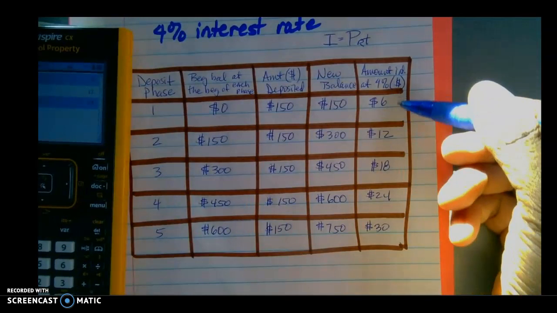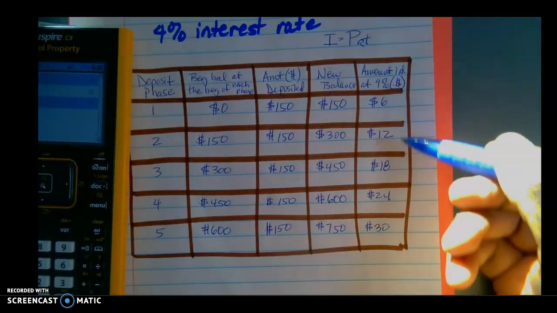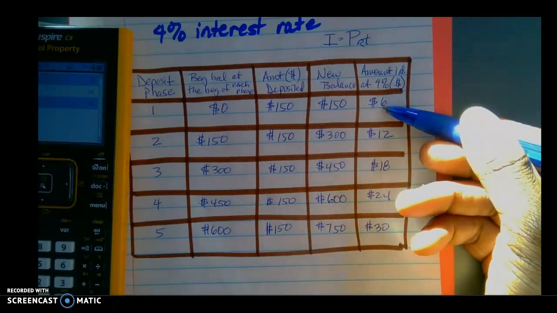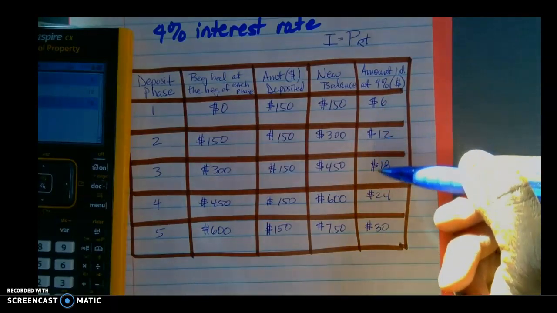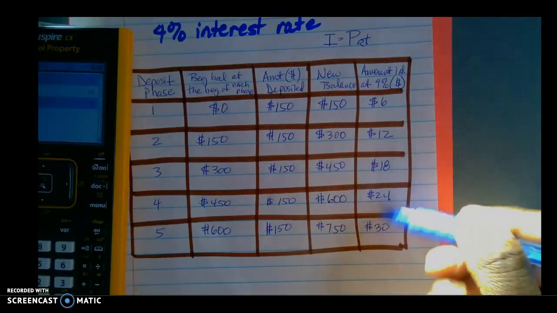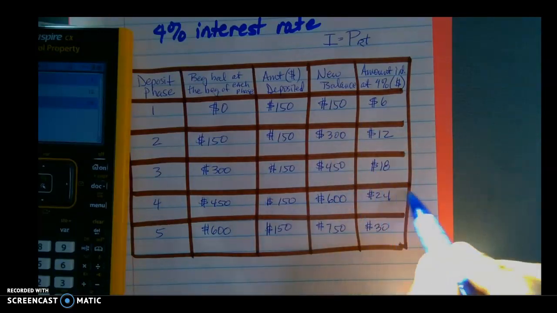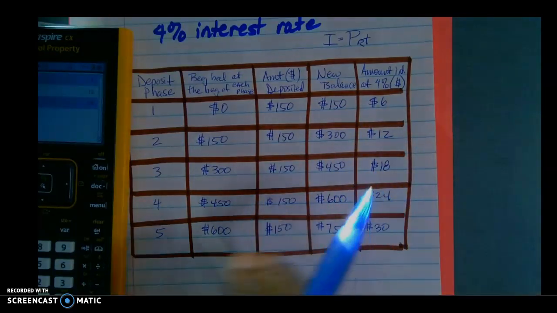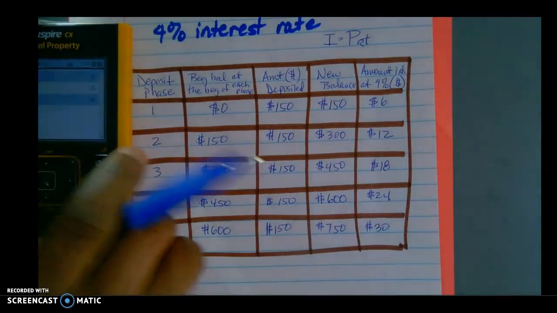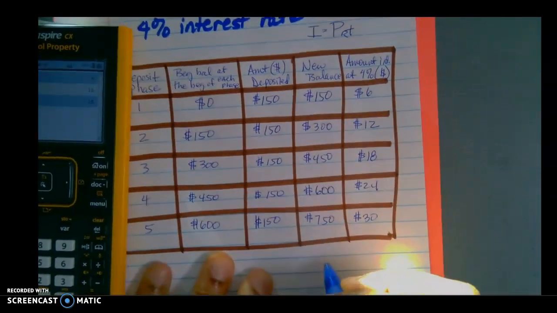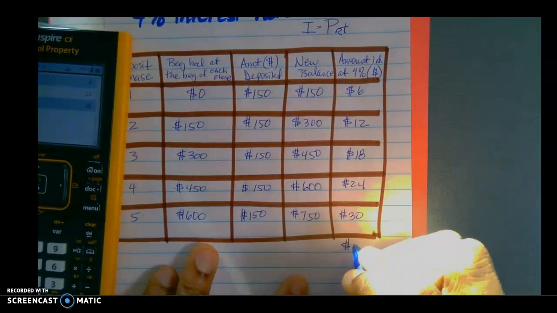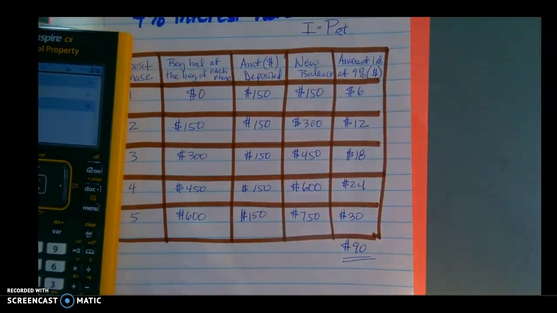Now, this is not a running balance, meaning that her interest wasn't 6, then 12, then 18, then 24, then 30. This is per year. She's getting that amount per year, per year, per year, per year. So her total amount of interest that she would have earned at the end of those 5 years is going to be $90.